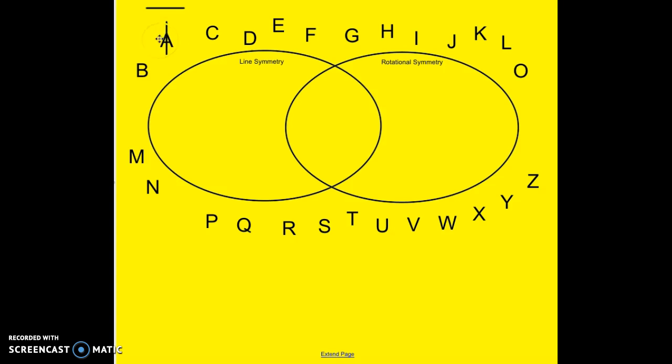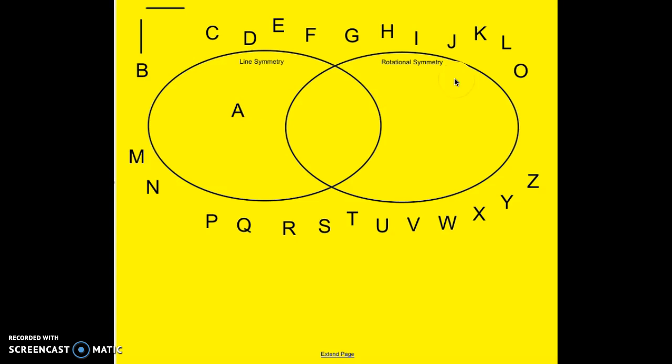It does. It's reflected on both sides. But does it have rotational symmetry? If I rotate it at 90 degrees, my triangle at the top of the A would be here, so no. If I do another 90 at 180, it'd be here. Nope. Do another one? No. It takes all 360, so it doesn't have rotational symmetry. So this one just has line symmetry.